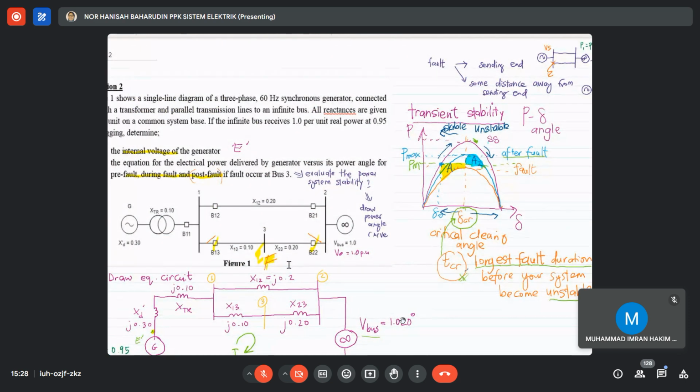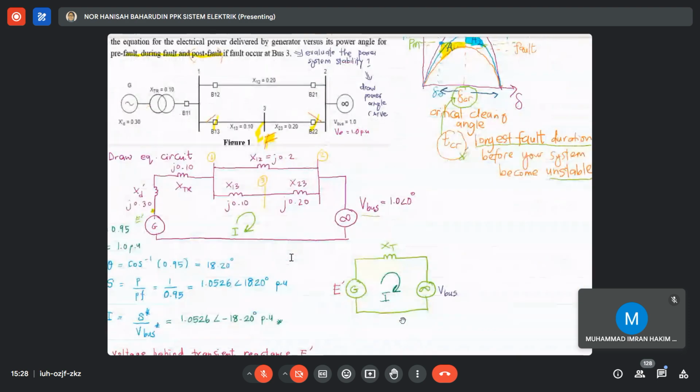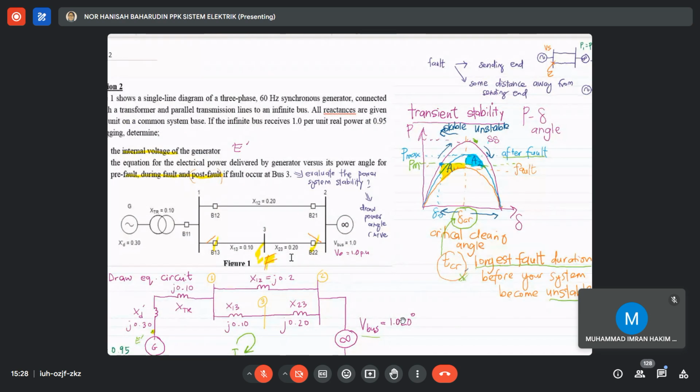Okay, I hope that you can understand from here how to draw. So what is your electrical power here, student? PM? Your PM should be 1.